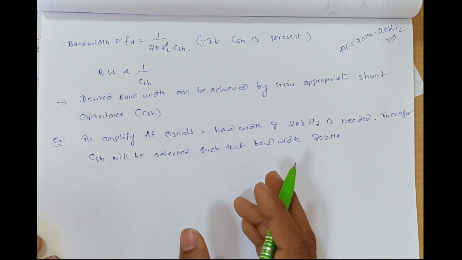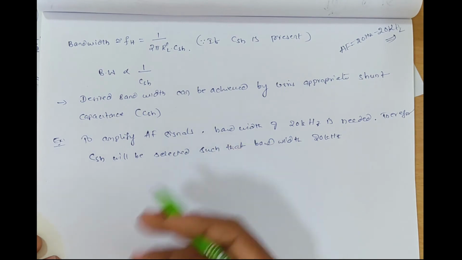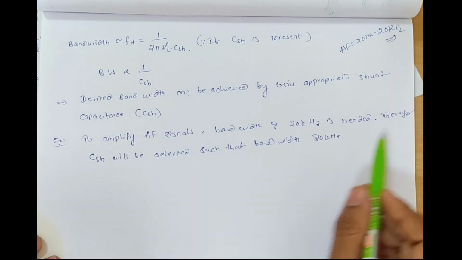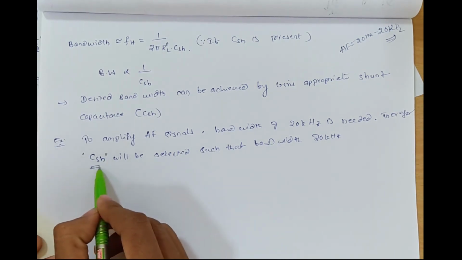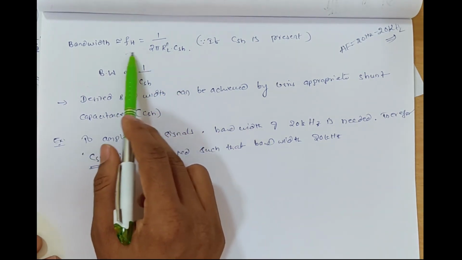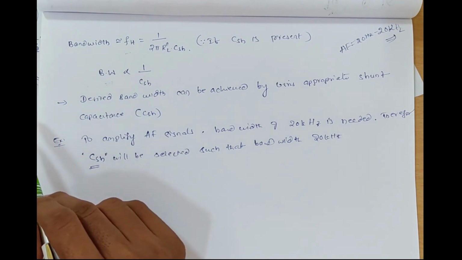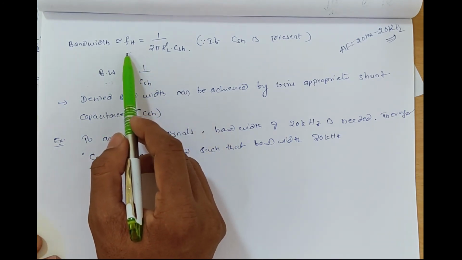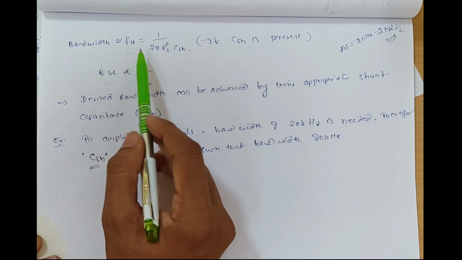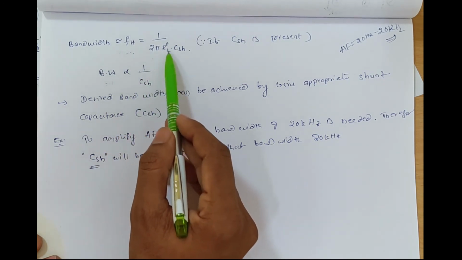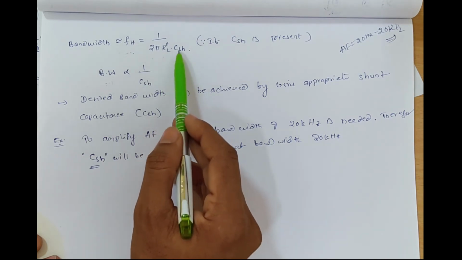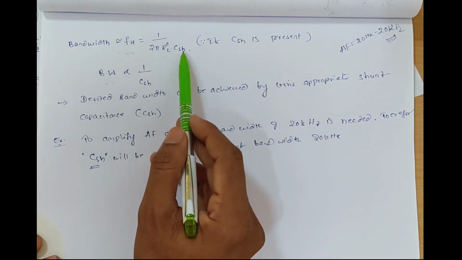So the minimum required bandwidth we can say is 20 kilohertz. For that, we need to choose the shunt capacitance based on the bandwidth. In this formula, we can write bandwidth equals 20 kilohertz and 2 pi R double dash is fixed to 1, so we choose the R double dash value. From this, we can choose the shunt capacitance.